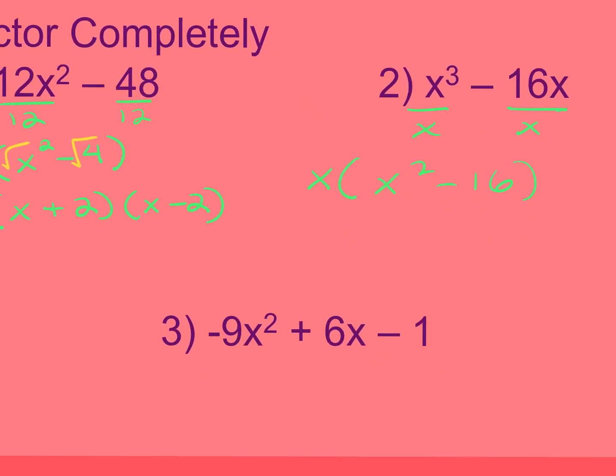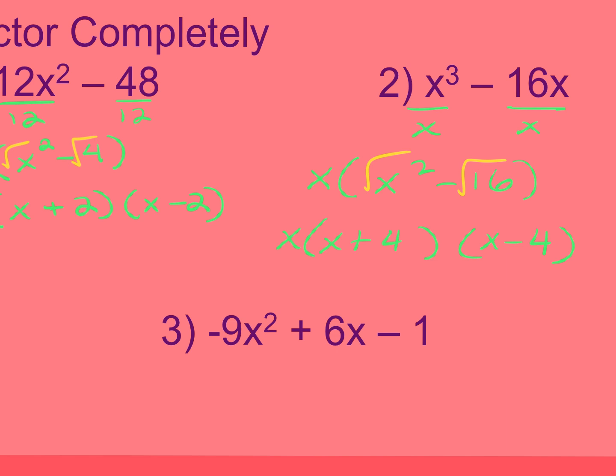And again, you're going to square root the x squared, square root the 16, create your 2 binomials. One will give a plus sign, one's a minus. Remember, when you do this, you can multiply these 3 terms back. If it doesn't go back to the original, you've done something wrong.